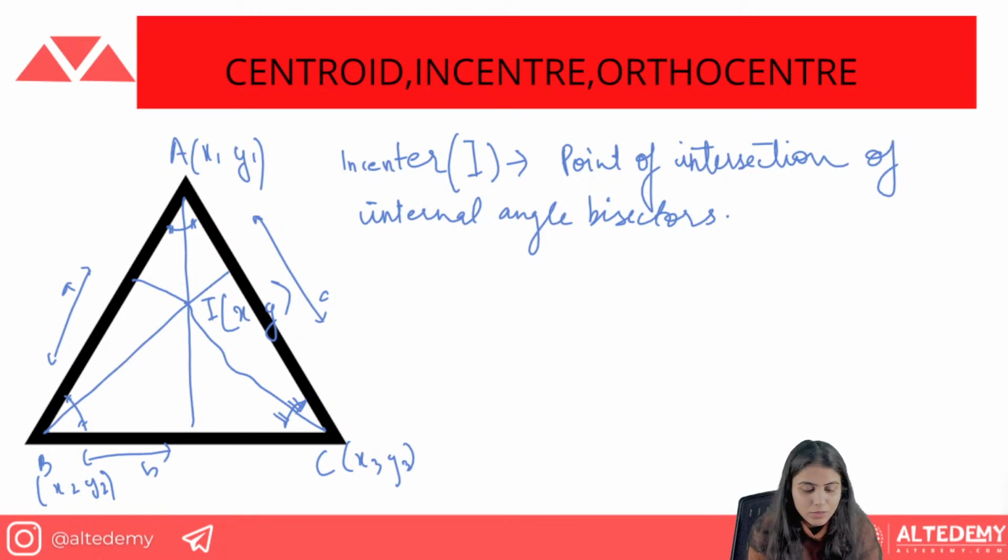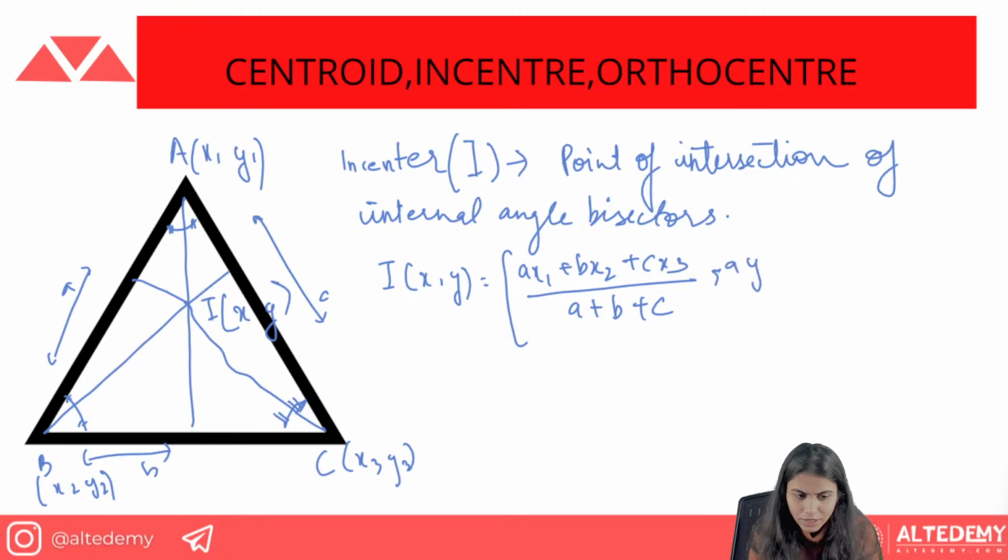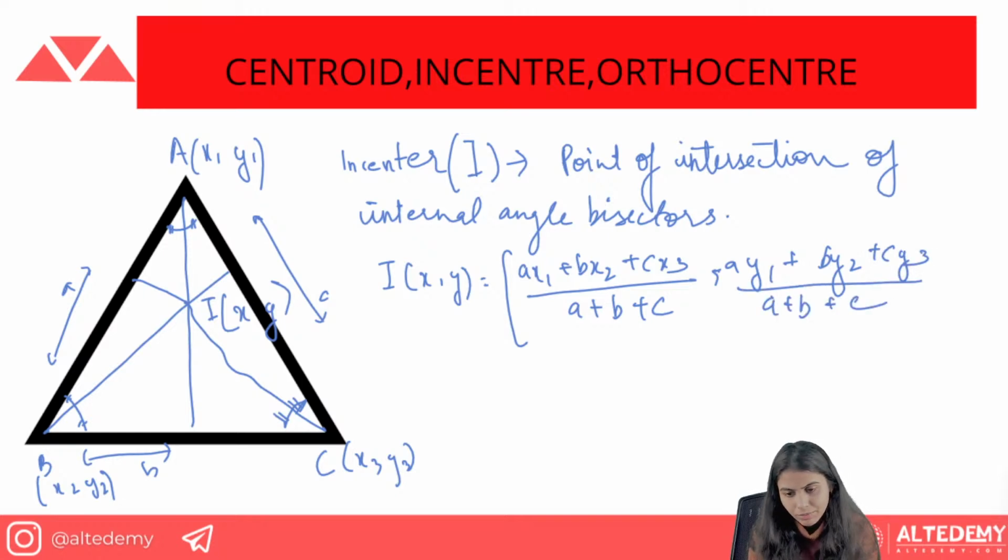The incenter formula is I(x, y) equals a x1 plus b x2 plus c x3 upon a plus b plus c, and a y1 plus b y2 plus c y3 upon a plus b plus c. So this is the formula for the incenter.